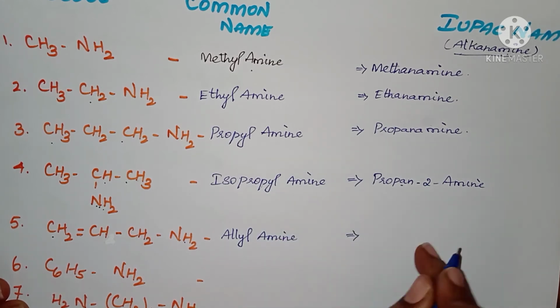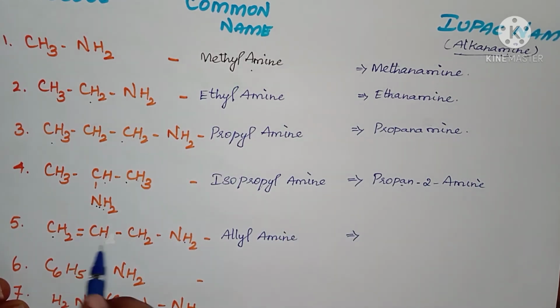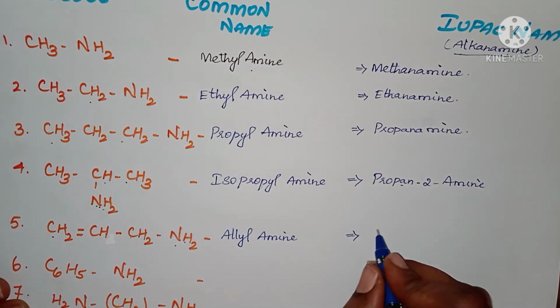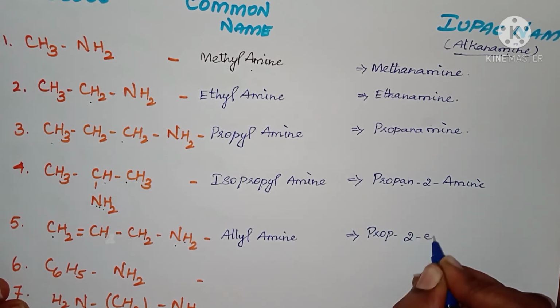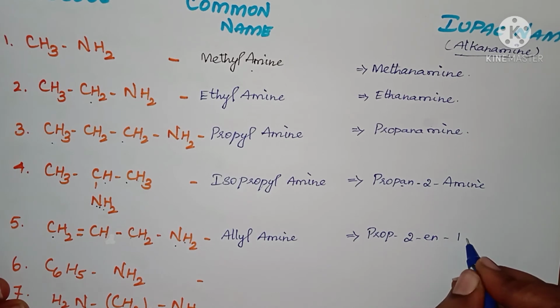Now what is the IUPAC name? Here 3 carbons are available, naturally prop. Is it a double bond or a triple bond? Double bond, it is ene. Then where the amine is attached, the last carbon. So we name it prop-2-en-1-amine.